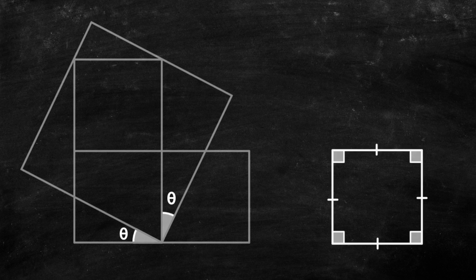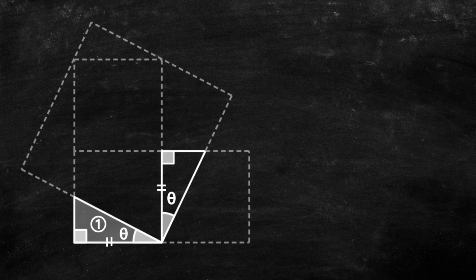Going back to the concept of squares, we must locate some right angles in our figure. This is a right angle, and this is also a right angle. Recall as well that the sides of a square are congruent, which means the following sides are congruent. Assume this is triangle 1 and this is triangle 2.